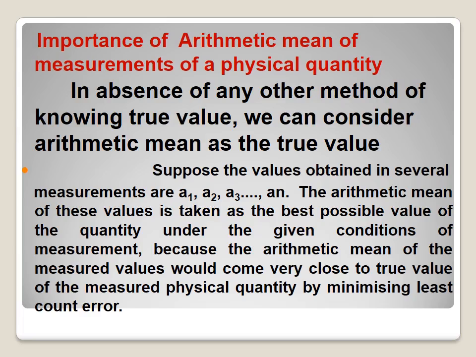The arithmetic mean of these values is taken as the best possible value of the quantity under the given conditions of measurement. Because the arithmetic mean of the measured values would come very close to true value of the measured physical quantity by minimizing least count error, which you had studied in previous section.